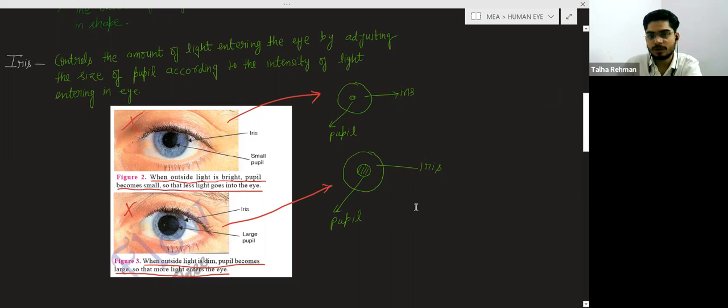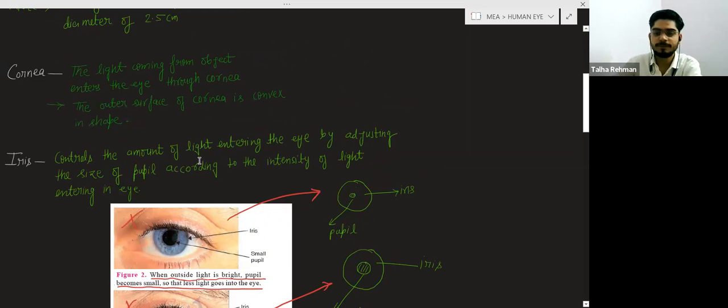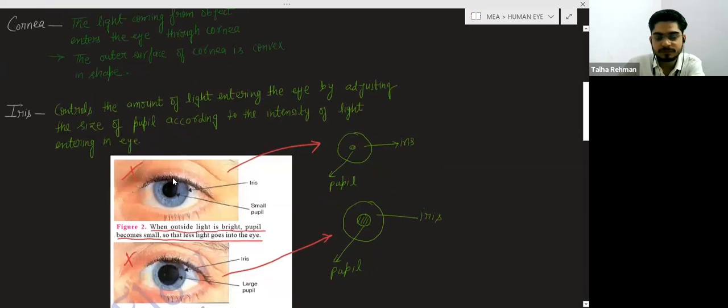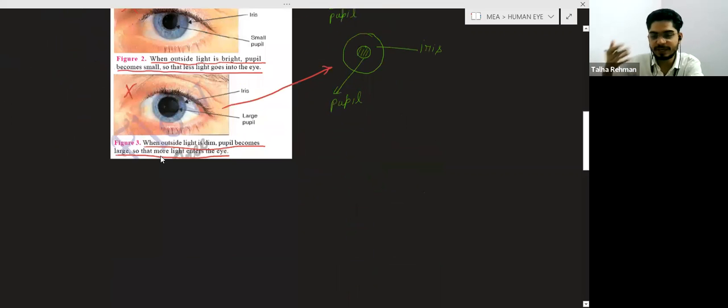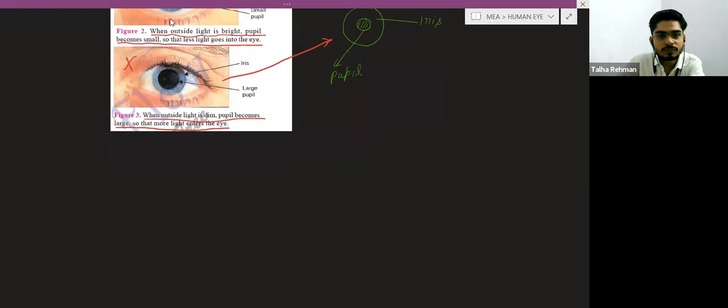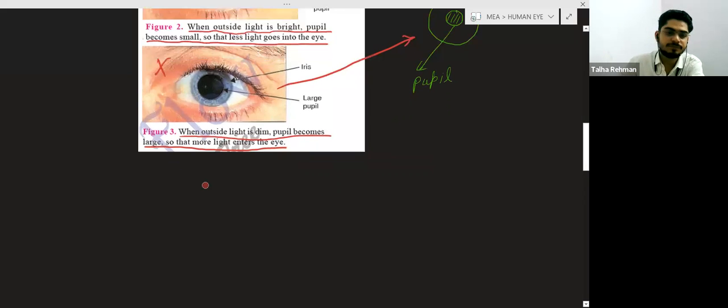Yes, sir. Okay, so this is all about the cornea and iris. Now pupil. This is pupil. This black color thing is the pupil. You can check in your eyes also. So one statement I will write.